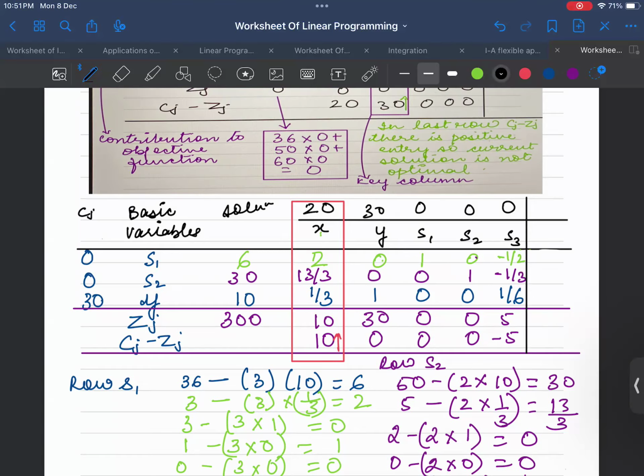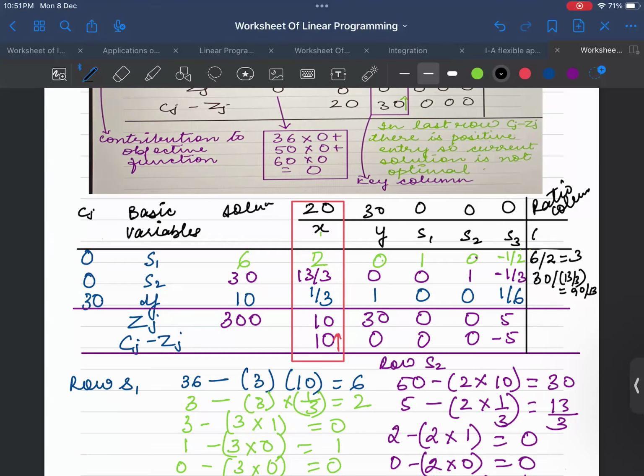For the ratio column, in the same way: solution variable 6 divided by 2 will be 3. Here it would be 30 divided by 13/3. Solve it, you will get 90/13.